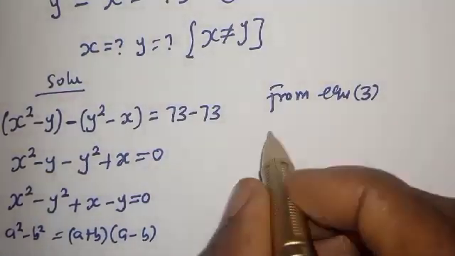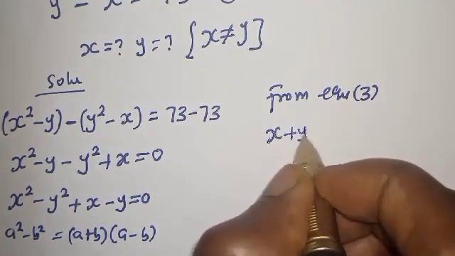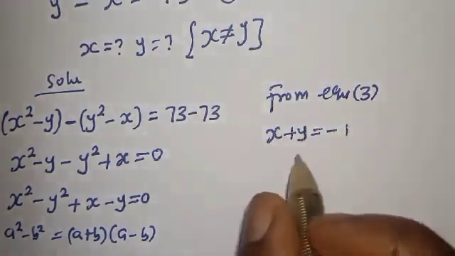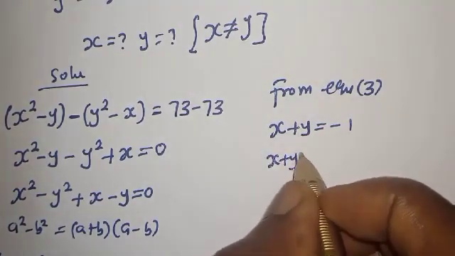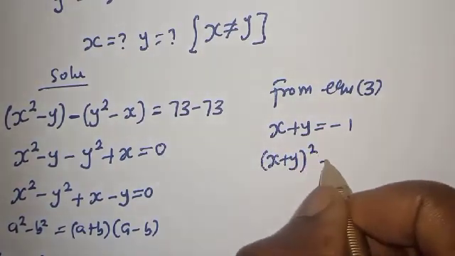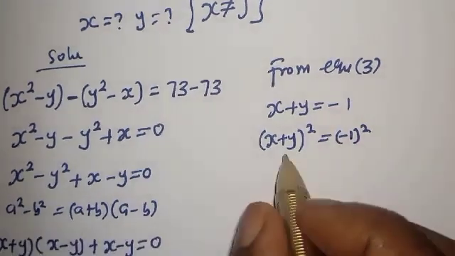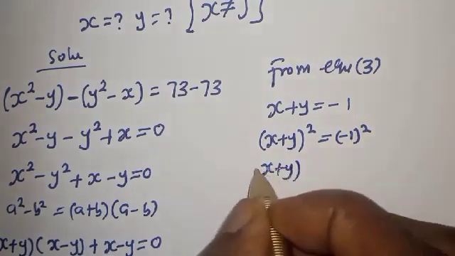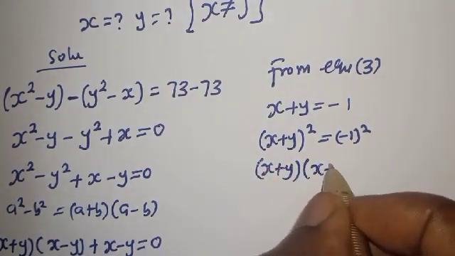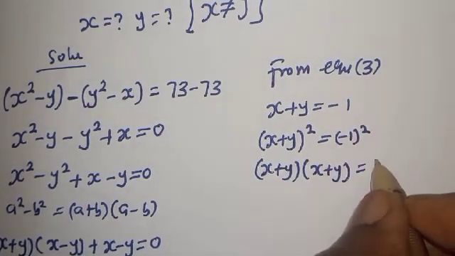From equation 3, x plus y is equal to minus 1. Let's square both sides of this equation. (x plus y) squared is equal to (minus 1) squared. Now (x plus y) multiplied by (x plus y) is equal to 1.